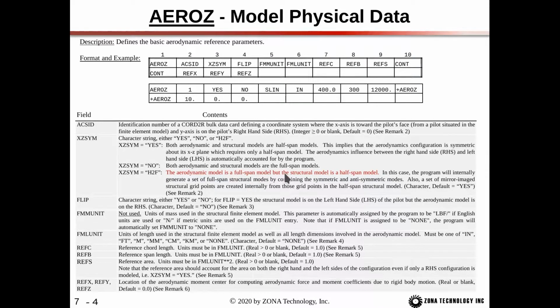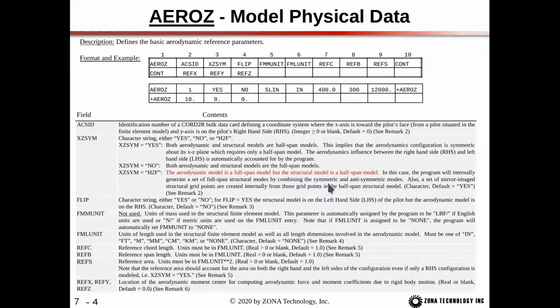If your structure model is on the left-hand side, you'd want to use flip to flip the structure model over to the right-hand side. Now in this case, ZEUS internally will mirror all of the structure grids so that you have a full span structure model. And then the ID numbers of these mirrored grids is negated.